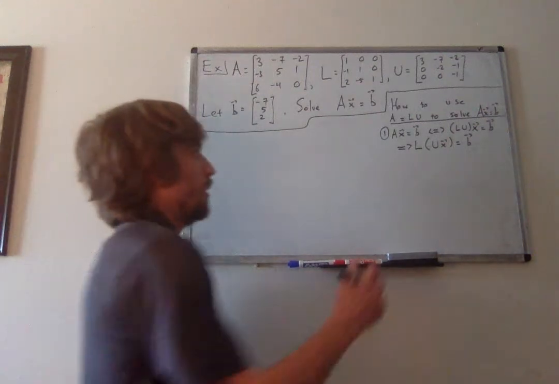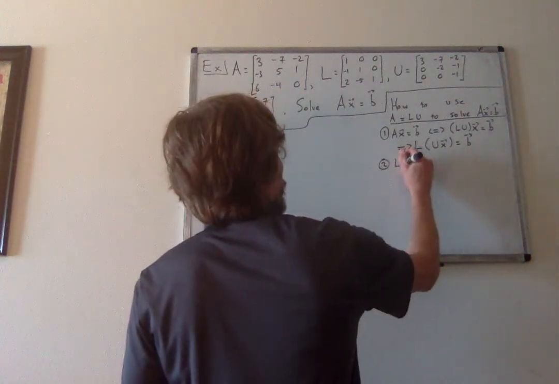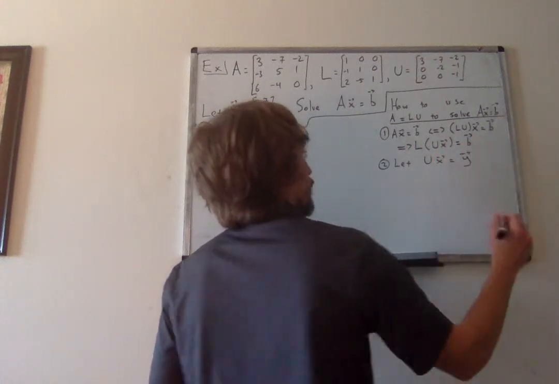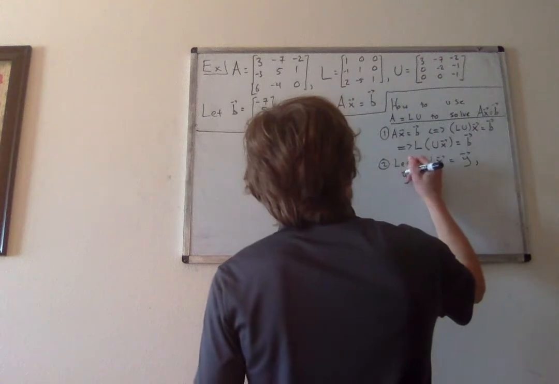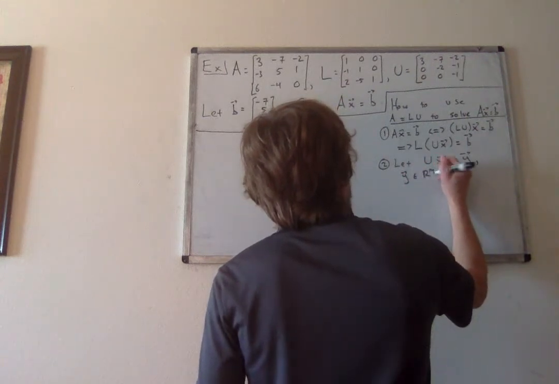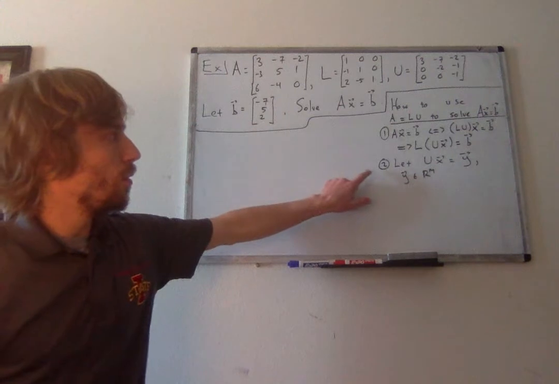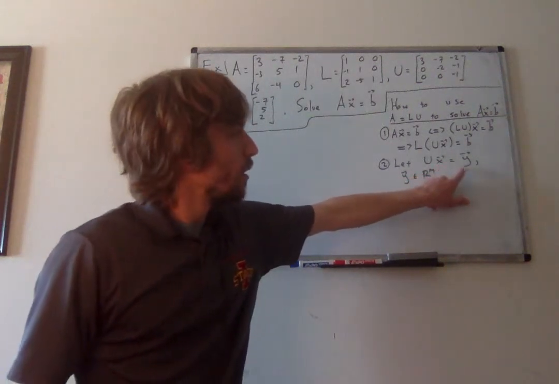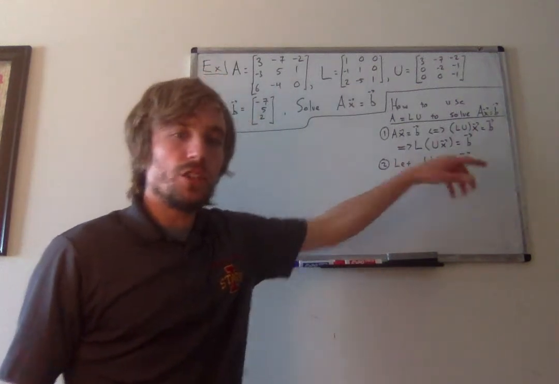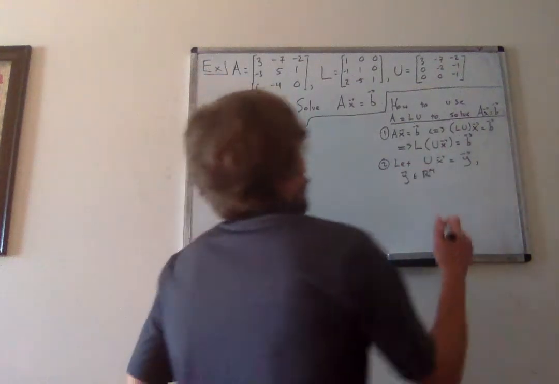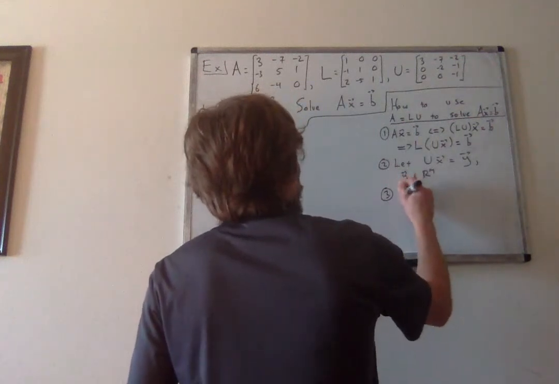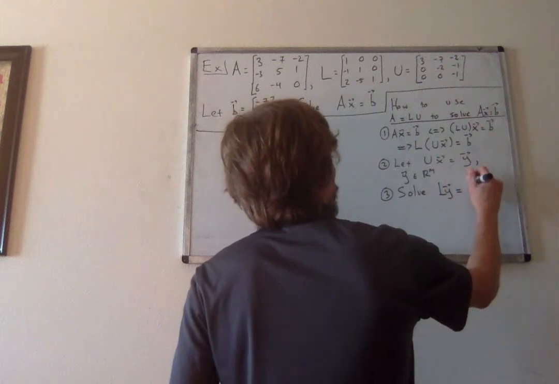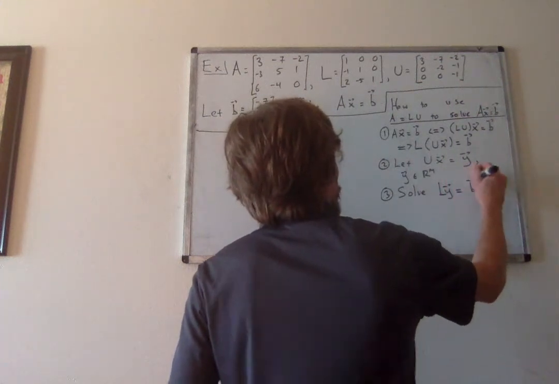And so I can let UX equal a vector Y, where Y is in R^m. X is still a variable; we don't know the value of X. We're just assigning this new vector of variables Y. And so then what we can do is solve L times Y equal to B.